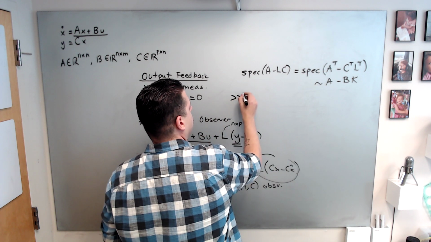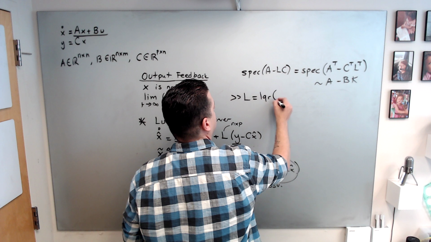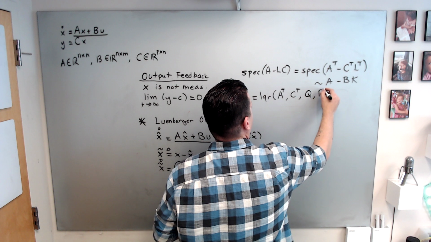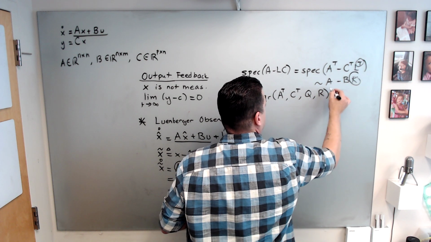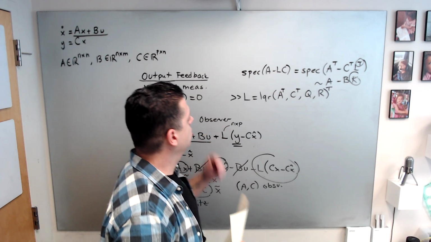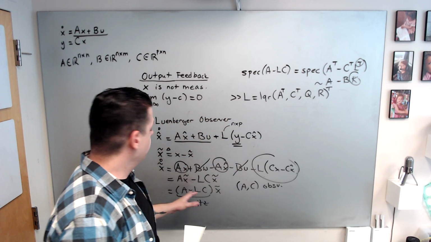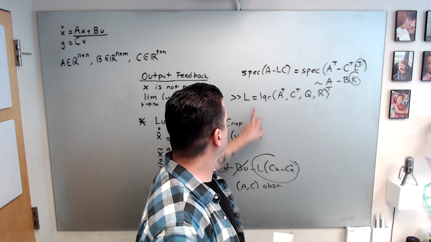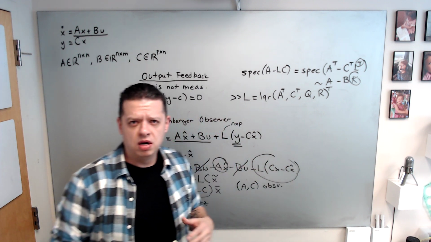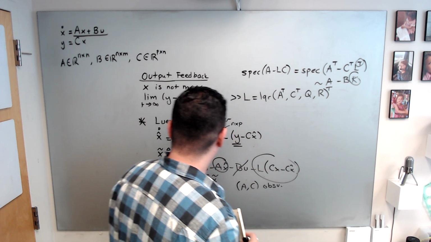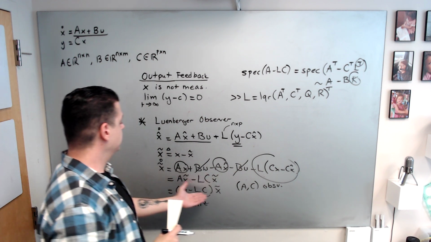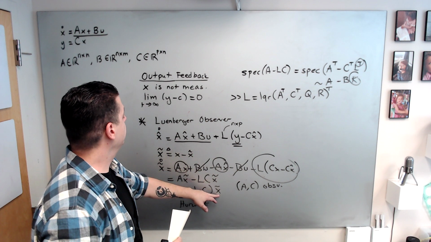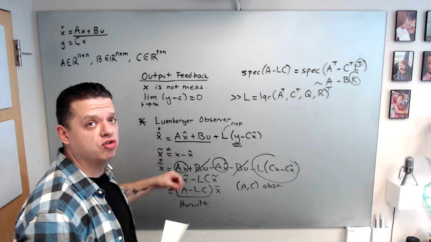So if you would like to use LQR, L equals LQR, you put A transpose, C transpose, some Q, some R, and because of this, you put a transpose here. You are going to find your Luenberger gain to make A minus LC stable. You can also use pole placement. Again, linear quadratic regulator and pole placement are a topic of a different video. Once you do that, X tilde will die out, vanish, so your X hat will converge to X, and you are going to recover the state.